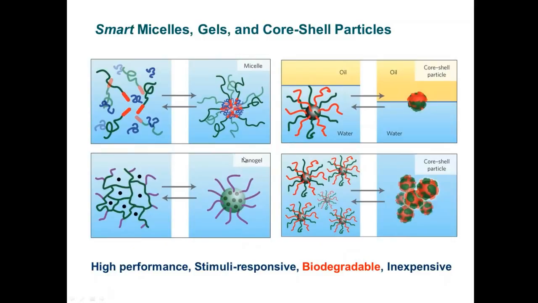So here I'm showing to you the different types of smart design, whether it be block copolymer micelle surfactants that are able to capture paraffins, or different types of nanogel behavior that are stimuli responsive, a sort of on and off viscosity modifier, or different types of core-shell systems that can produce Janus particles separating oil and water, hence, for example, producing Pickering emulsions, or different types of core-shell particles that have different aggregation and swelling and contraction behavior with similar response.